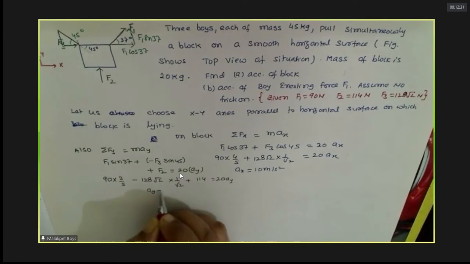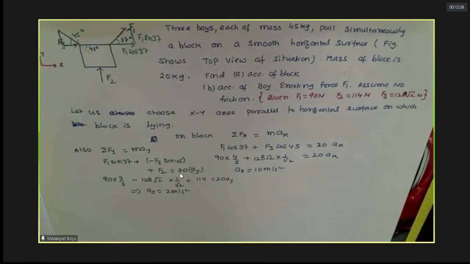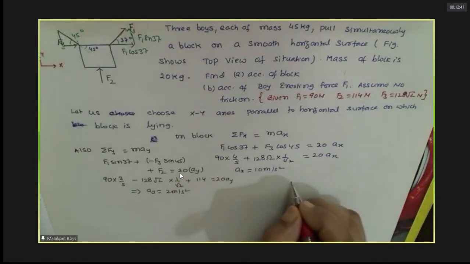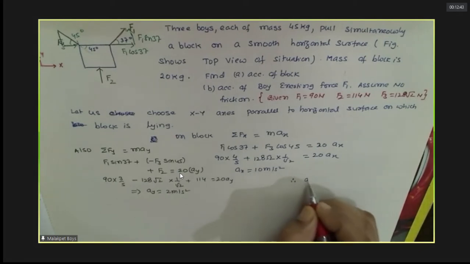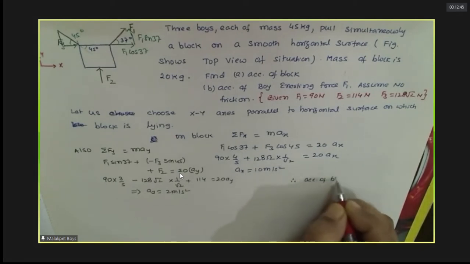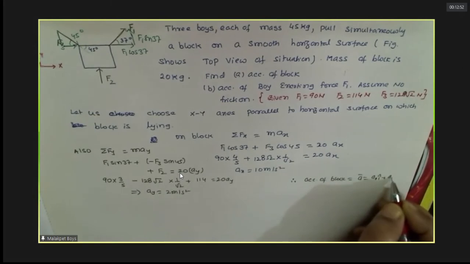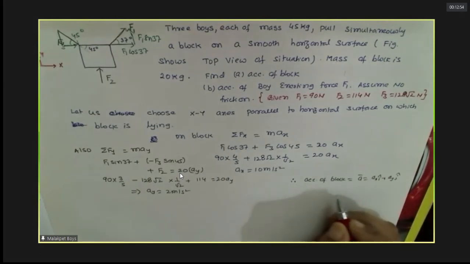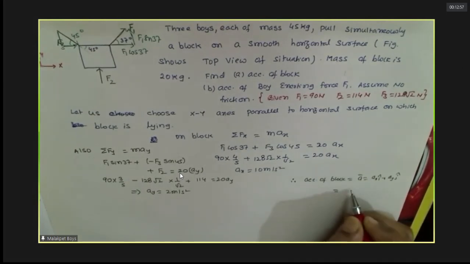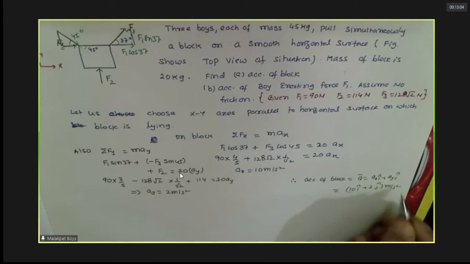Upon simplification, you will get 2 meter per second square. Understood this? Therefore, vectorially, the acceleration of the block has two components, the x component and the y component. That means the block is subjected to these two accelerations. Understood? Yes, sir.